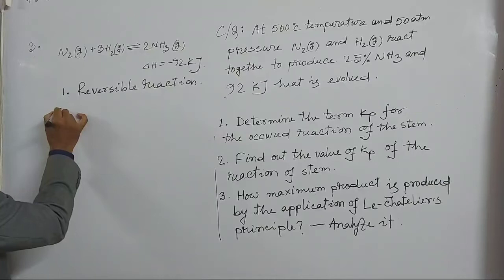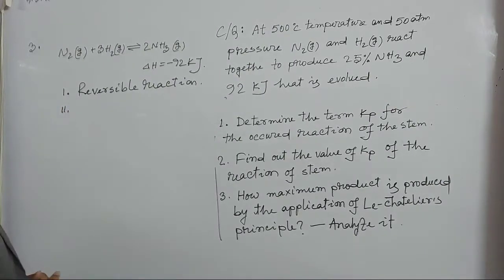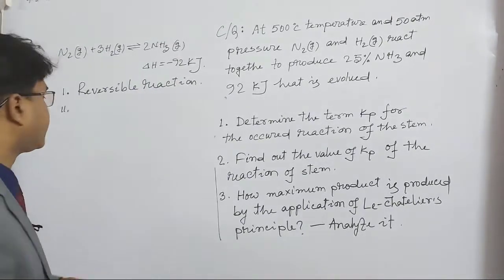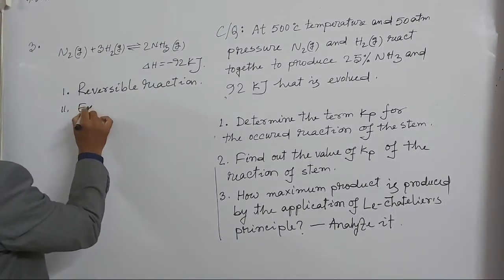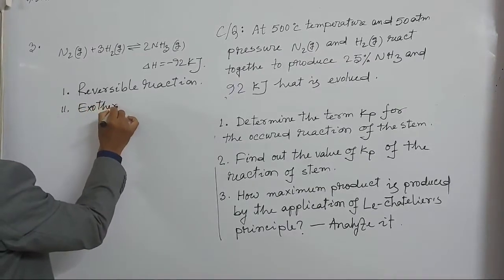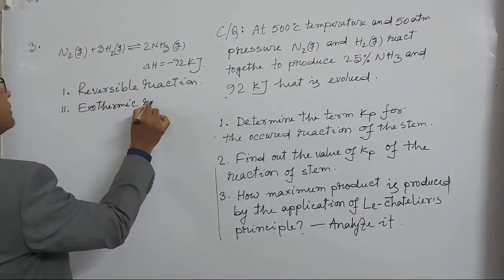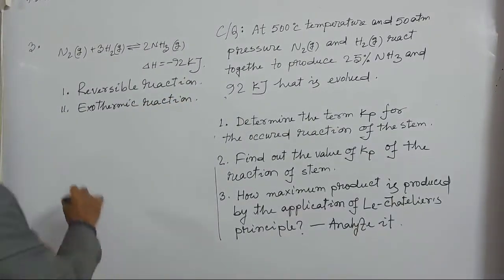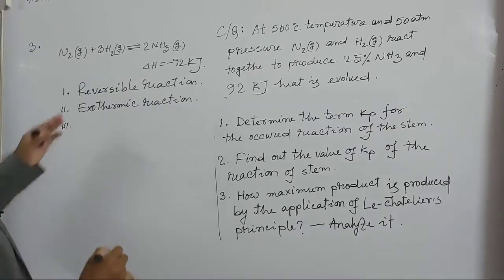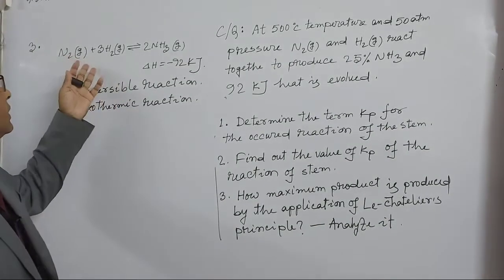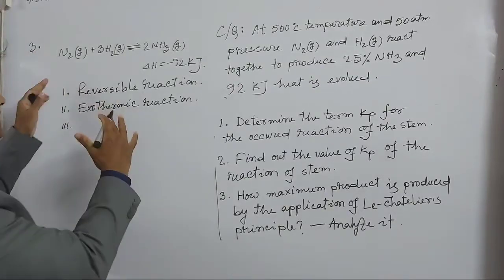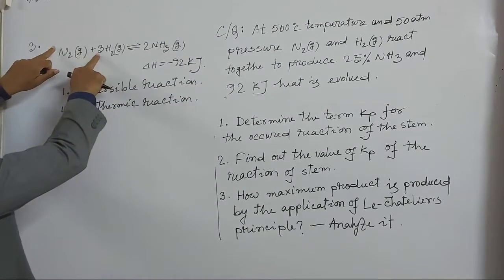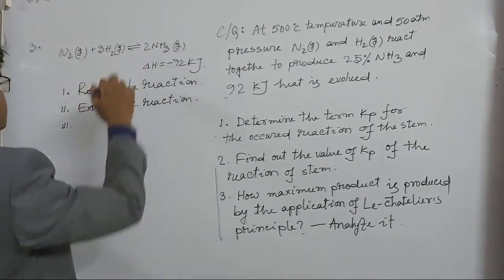And number 2, this is an exothermic reaction because the delta H value is negative. And third, in this reaction the volume of the gaseous reactant is decreased, from 4 to 2.